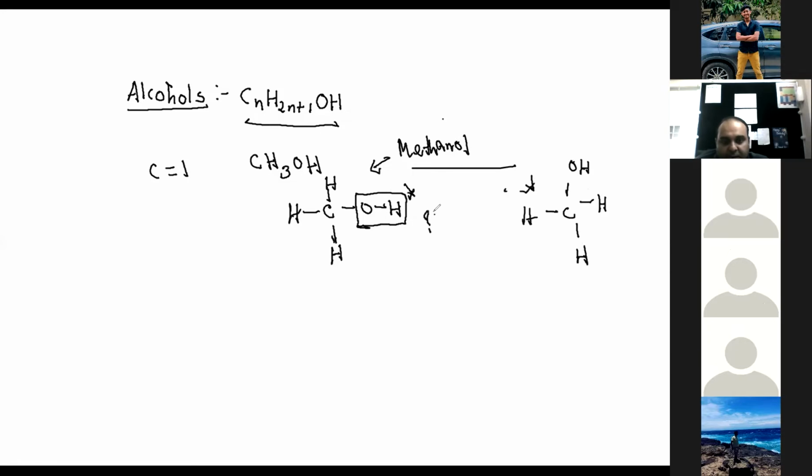No. It's the same thing, because whether this OH is attached on this side or this side, it does not matter. All of them are linked to the same carbon.